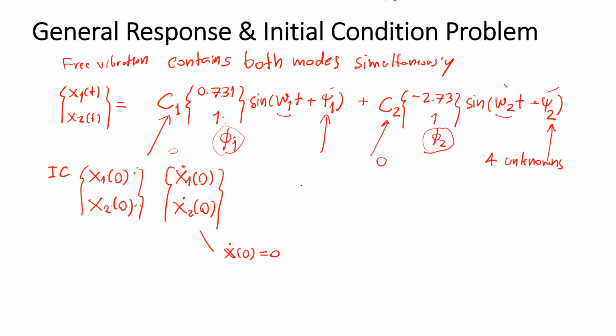So the example is, why not we give x0, for example, equal to 4 and 2, and we give x dot 0 equal to 0.